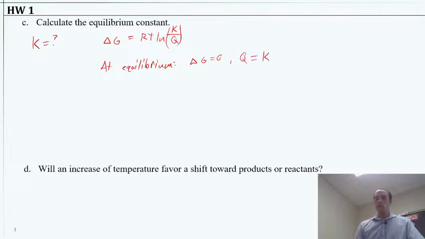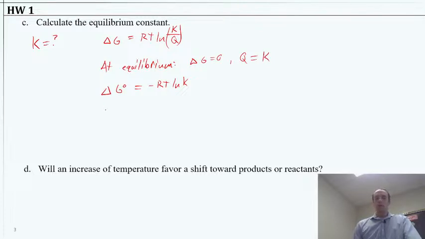Okay, so that's how we end up getting to the delta G at the standard condition is equal to negative RT ln of K. Something we talked about before. I'm skipping some of the derivation, but that's kind of the logic that gets us to that equation that we have. And so we can solve that.